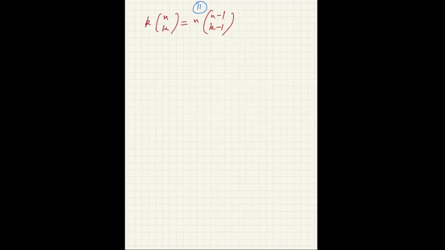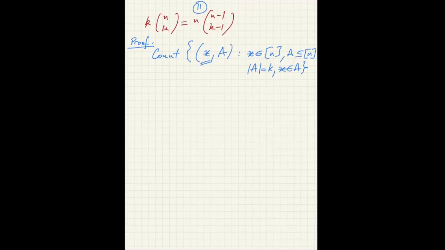Well, the way you can prove this fact is by counting all ordered pairs of x and A, where x is an element of our set, A is a subset of our set, the cardinality of A is k, and x is an element of A. So you can count the number of ways of forming k teams with, let's say, a designated captain for that team.